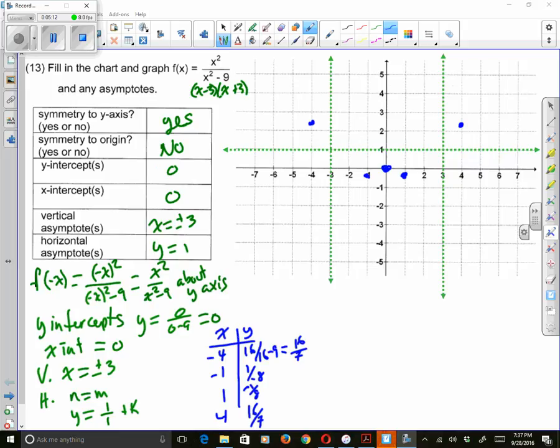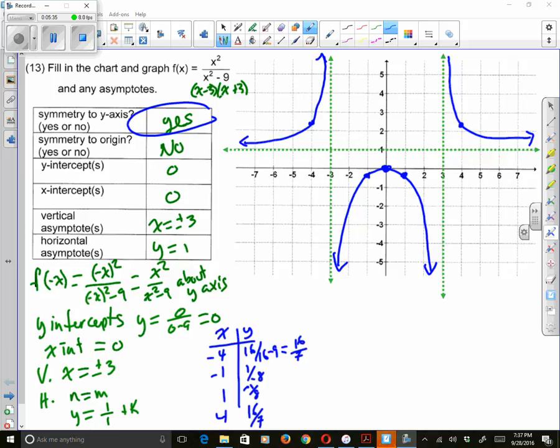From here, we know that these are going to approach the asymptotes here, go that way, and approach the asymptotes here. And I probably didn't have to plug in the points for 1 and negative 1. We knew this was symmetrical about the y-axis and not about the origin because of that answer there.